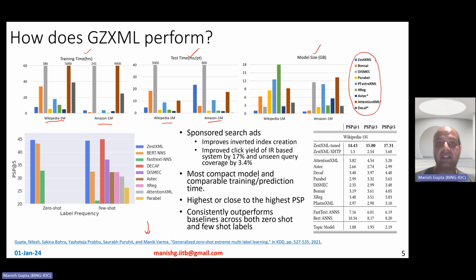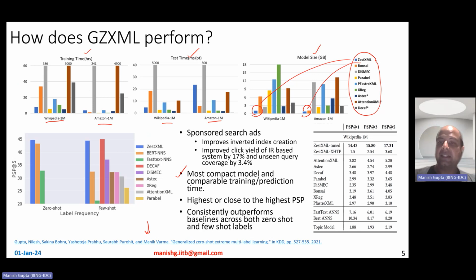The first thing you observe is that ZestXML has the smallest model size, so it has the most compact model, with comparable training and prediction times. Its times are sometimes higher than some other algorithms, but reasonably comparable and practically still feasible.